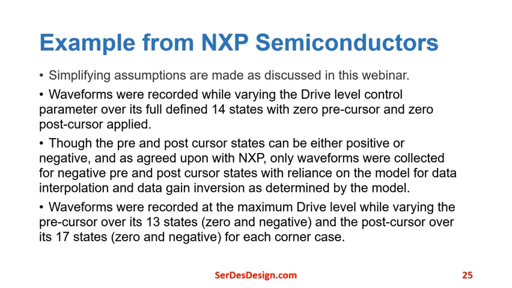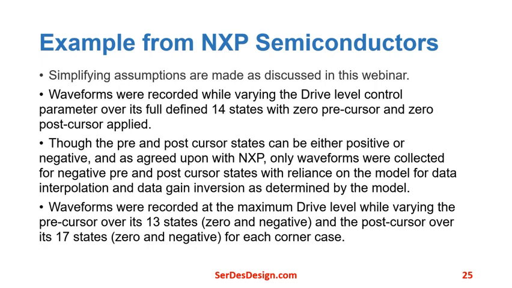Simplifying assumptions were made as discussed in this webinar. Waveforms will be recorded while varying the drive level control parameter over its full defined 14 states with 0 precursor and 0 postcursor applied. Though the pre and postcursor states can be either positive or negative, and as agreed upon with NXP, only waveforms were collected for negative pre and postcursor states with reliance on the model for data interpolation and data gain inversion as determined by the model.